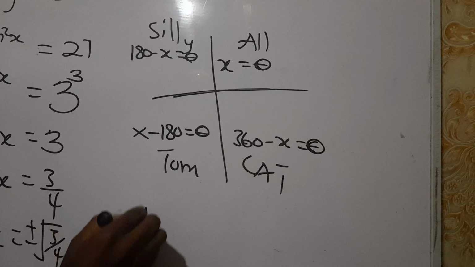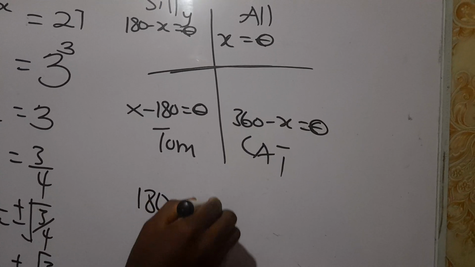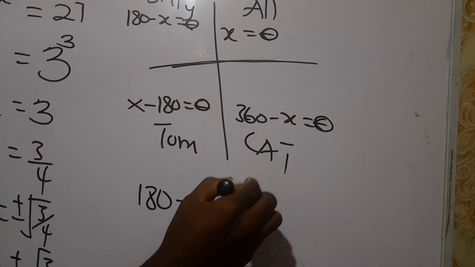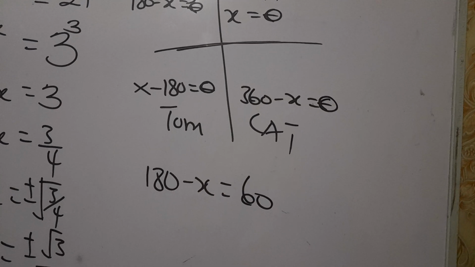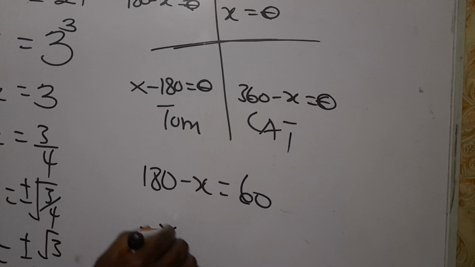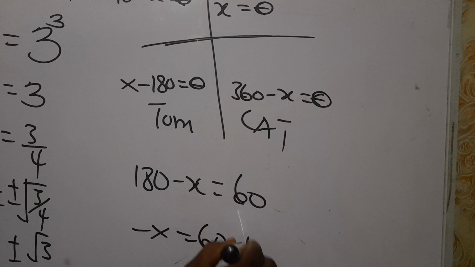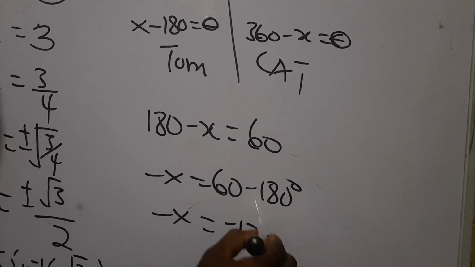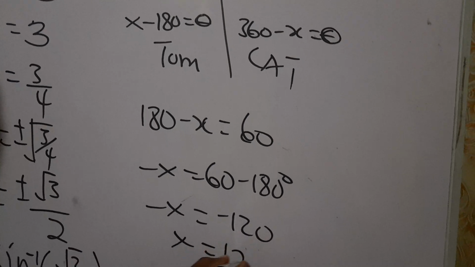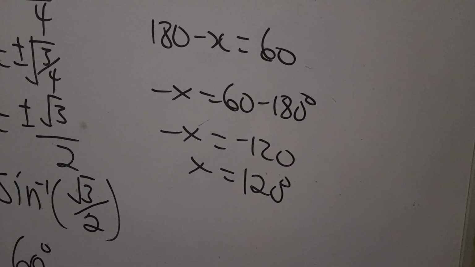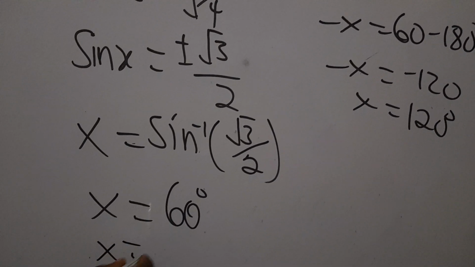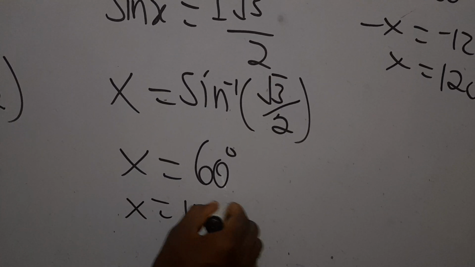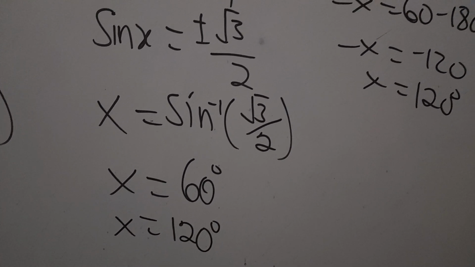So we say our 180 minus x is equal to 60 degrees. We can say our minus x is equal to 60 degrees minus 180 degrees. Minus x is equal to minus 120. So our x is 120 degrees. So we can say another value for x is 120 degrees, being the second quadrant.